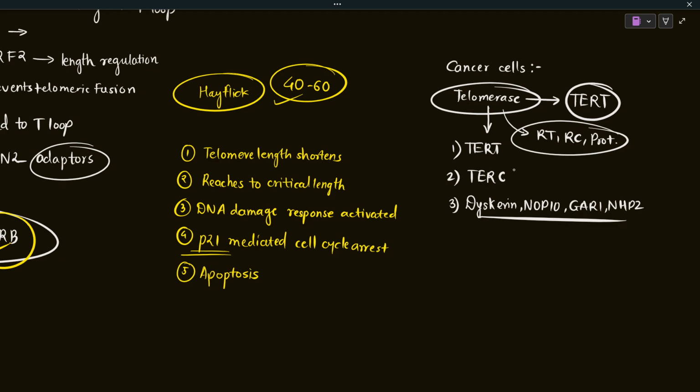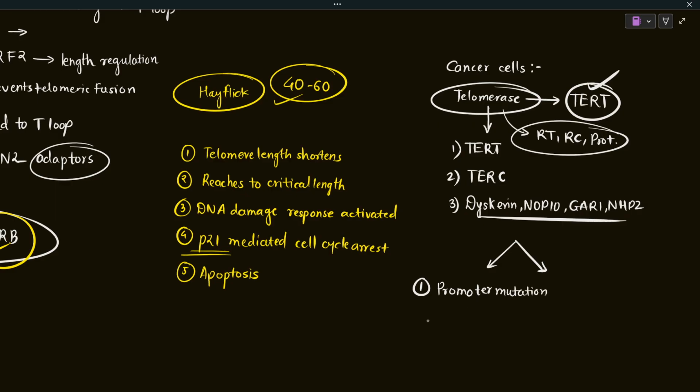Let's now learn about the mechanisms by which this TERT reactivation or re-expression is done in cancer cells. This could be done by multiple mechanisms. The very first mechanism is promoter mutations, mutating the promoter of the gene which expresses TERT.